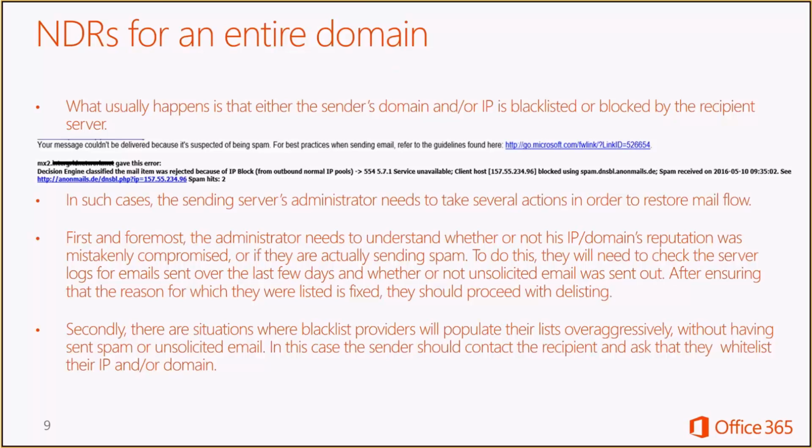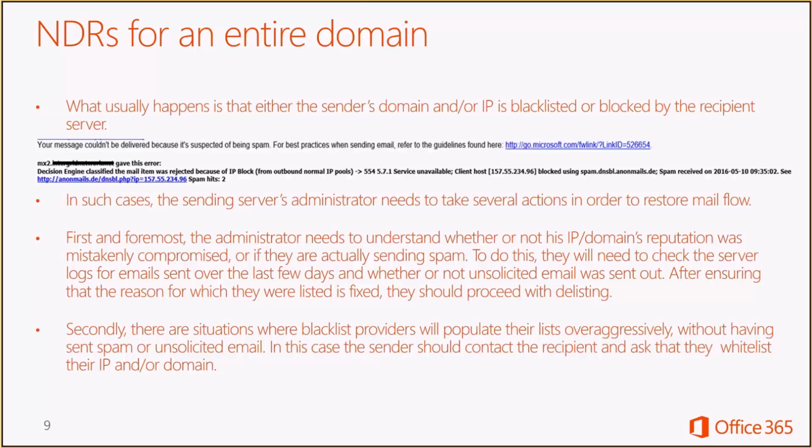After we've ensured that the cause of the listing is taken care of, we can go ahead and contact the block list providers and ask that they delete our IP or our domain. There are, however, situations or block lists which, so to say, don't play fair.